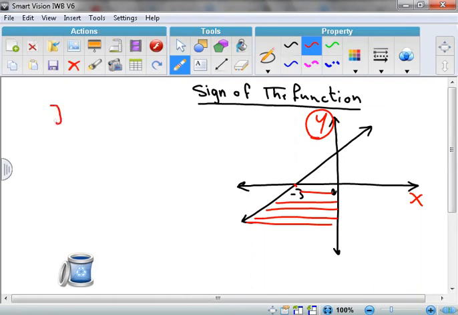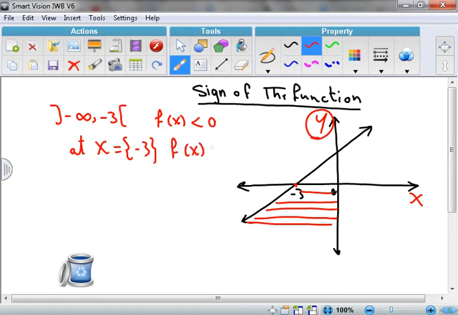Then we say that from negative infinity to negative 3, f of x is less than 0, or negative. At this point, x equals negative 3, f of x equals 0.